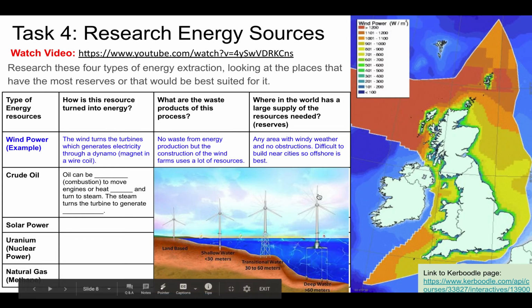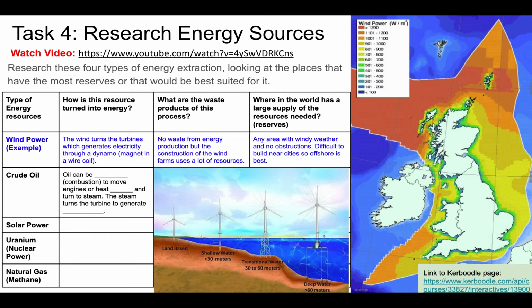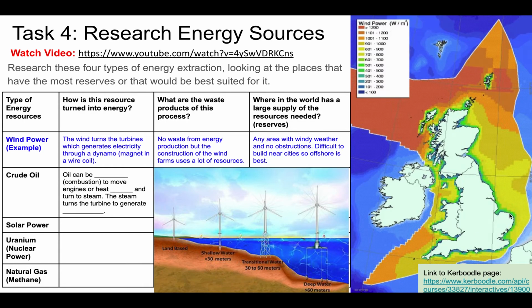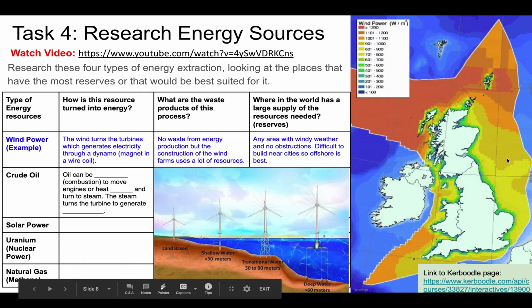So actually, if we look at this map here of the UK, it tells us about wind power around the UK. And what you'll notice is that the closer we are to the shore, the lower the wind power is. And that's because these areas are a bit more sheltered. Yeah, the land itself is blocking the wind from blowing. And even if we look here to the eastern side of the United Kingdom, the wind power is much weaker than it is up here on the west.